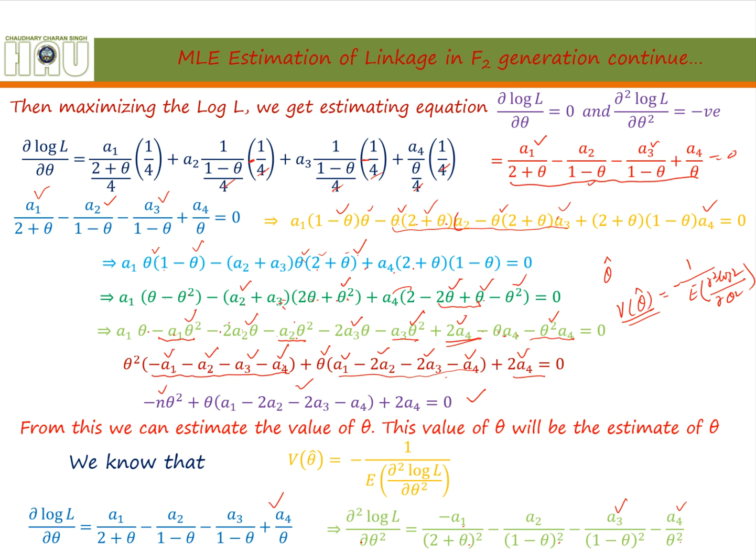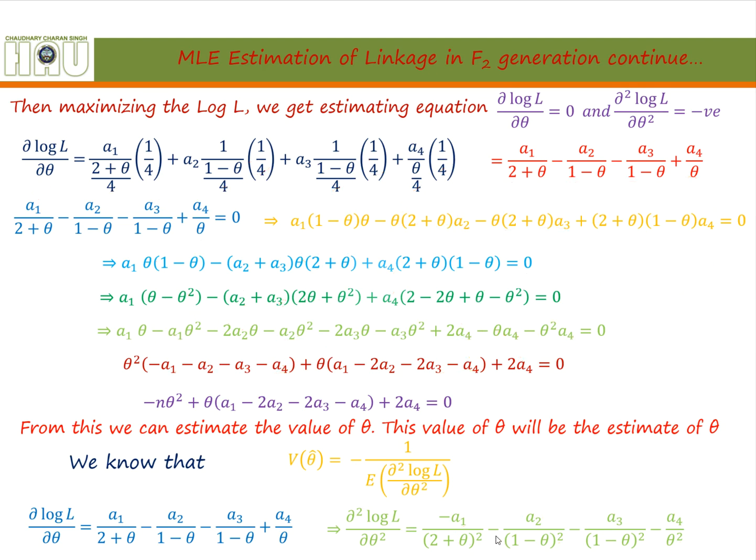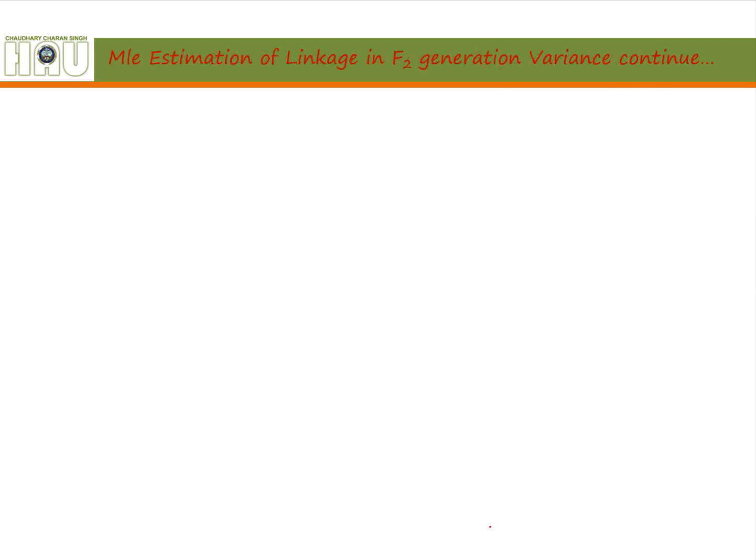So if I take minus common from all these terms, then I will get the variance of theta, which is given by minus 1 upon this thing, expected value of this thing. If I take minus common, then this minus cancelled out with all these minus.